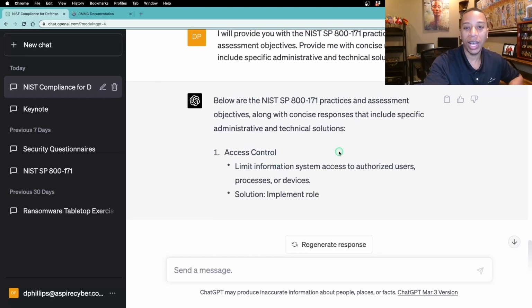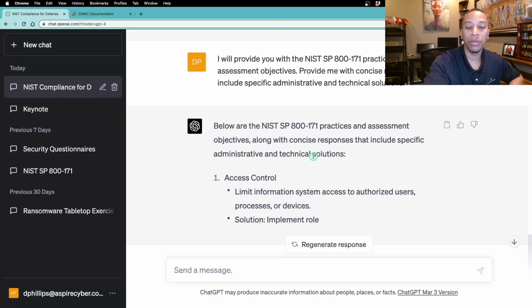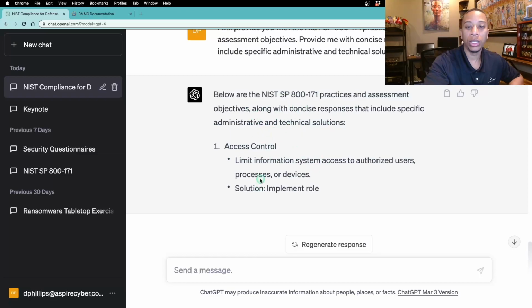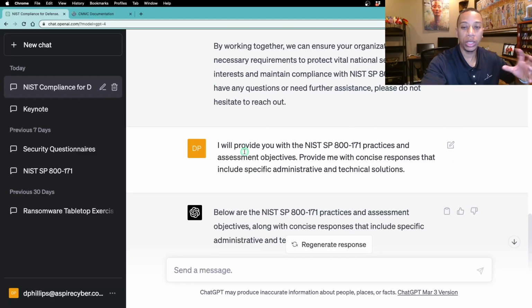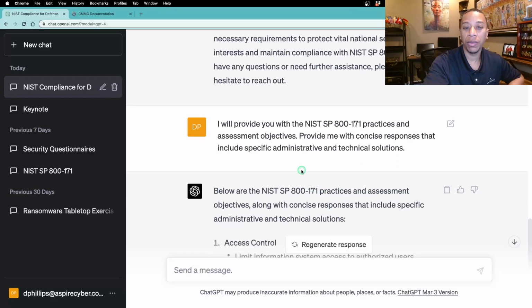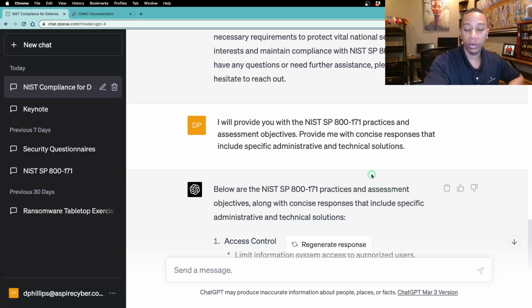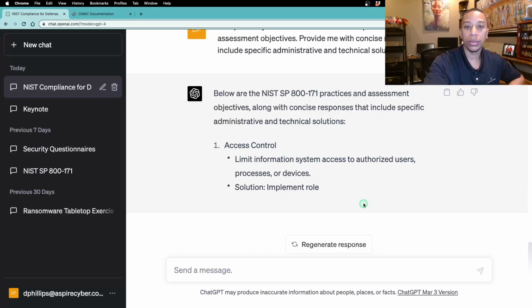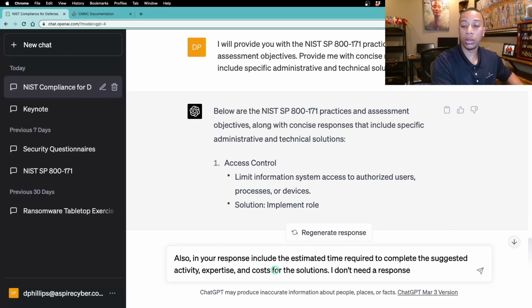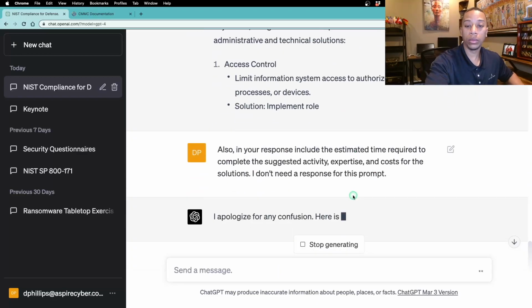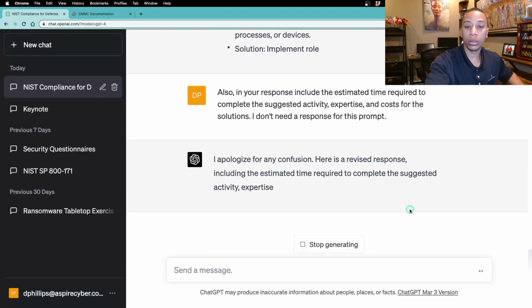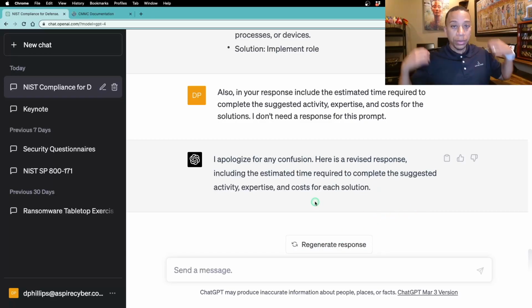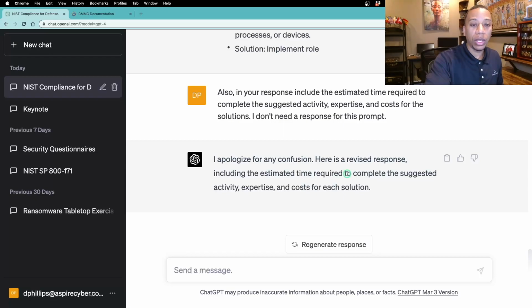Remember, we have 25 messages capped for ChatGPT 4, so I don't really need the details for this one. I just wanted to let ChatGPT know I'm looking for specific administrative and technical solutions. Stop generating. Okay, so I think we have enough. We've given ChatGPT enough context to get started.